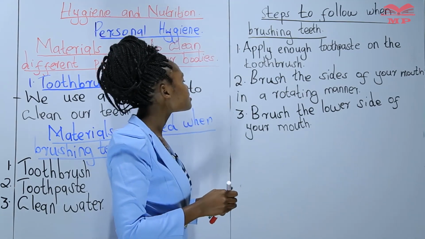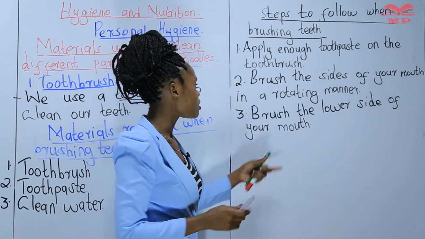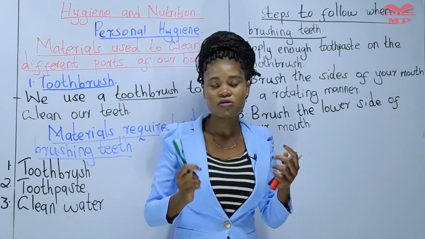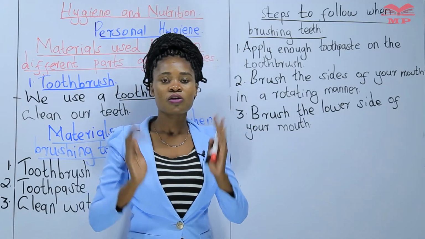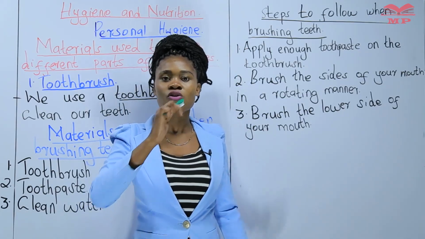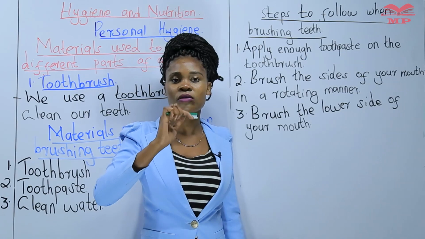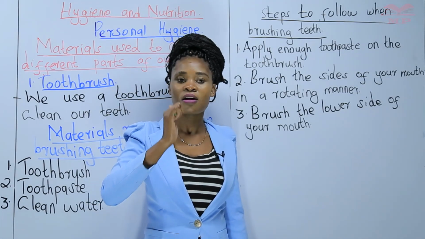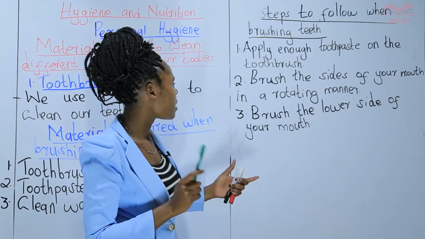Now you had already brushed both sides of your mouth. You are now brushing the lower side. You brush the lower side in a rotating manner. You also brush the other side in a rotating manner.